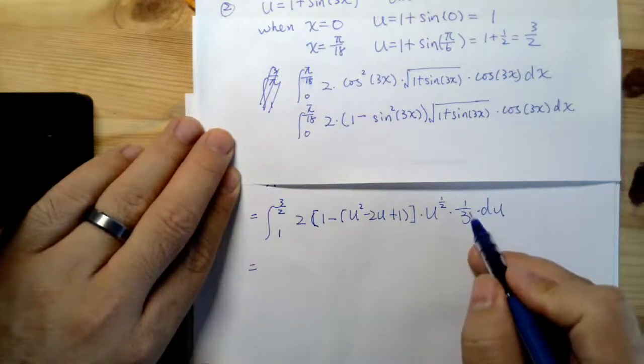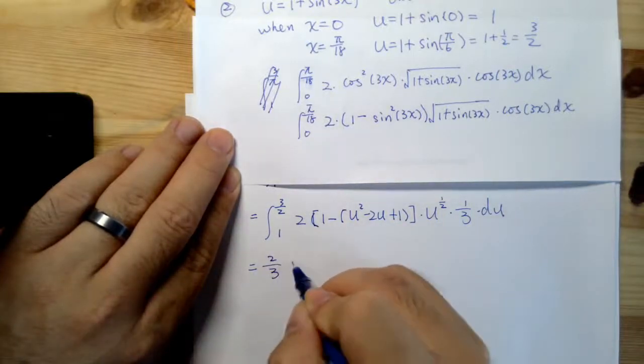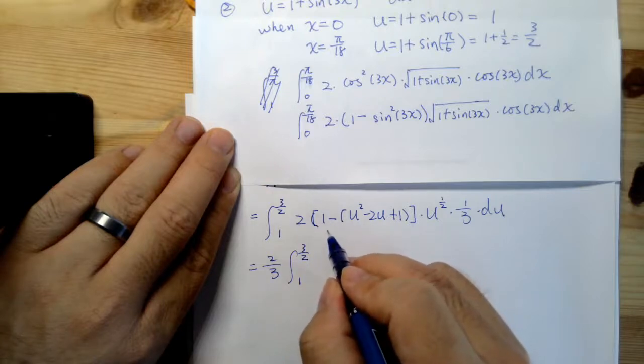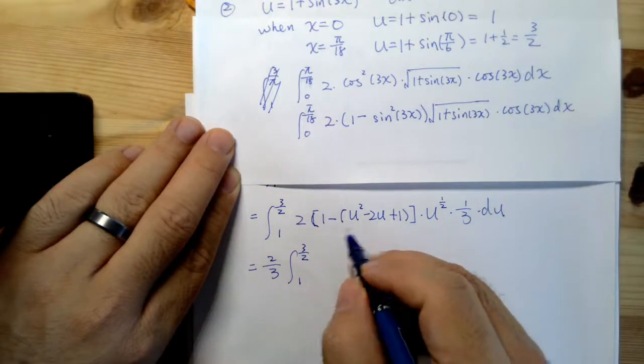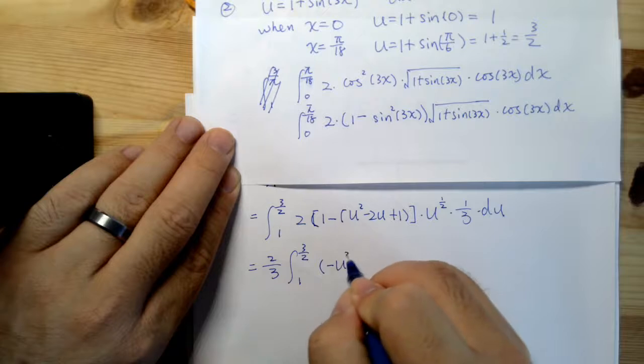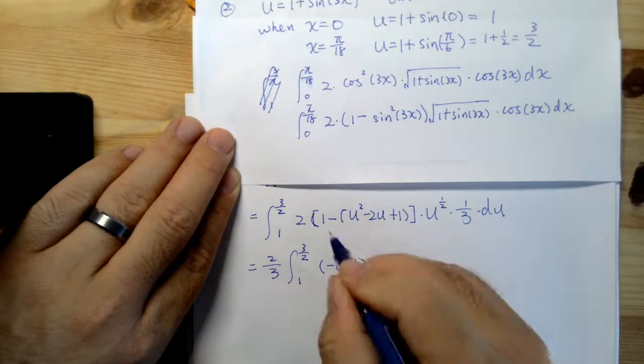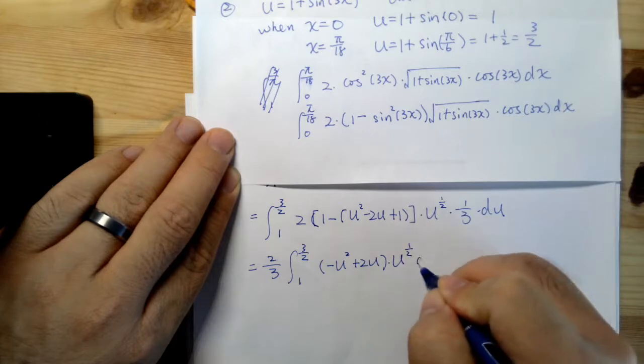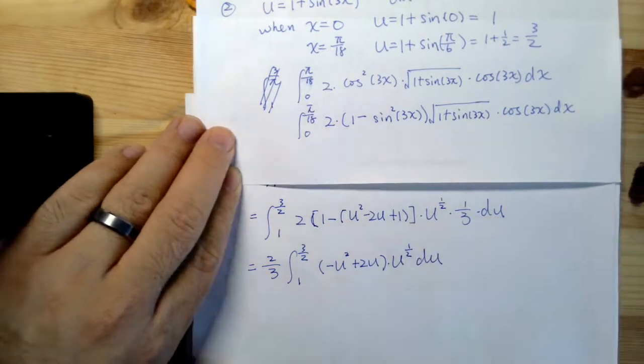So first of all, let's bring those 2 over 3 out, from 1 to 3 over 2. This part you have 1 minus u squared, so it's going to give you minus u squared plus 2u. 1 minus 1 is 0. And then times u to the power half on du here. Okay.